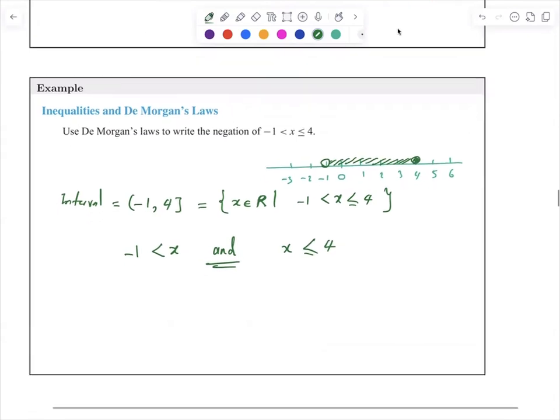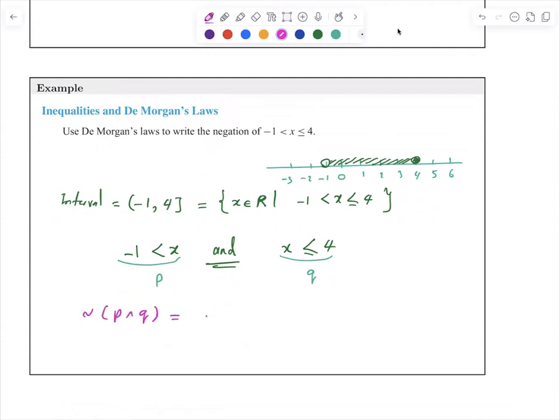So this is my P and this is my Q. P and Q. I'm looking at the negation of P and Q, which by De Morgan's law is not P or not Q. So it becomes: not that x is more than -1, which means x is less than or equal to -1, or (and becomes or) x is more than 4. That's the negation of this statement.